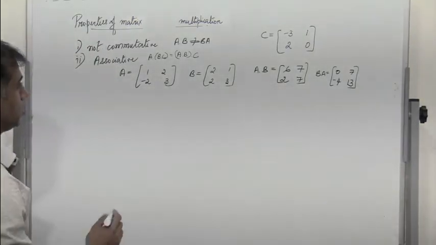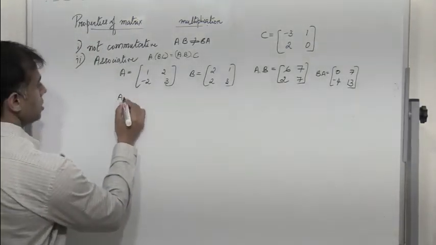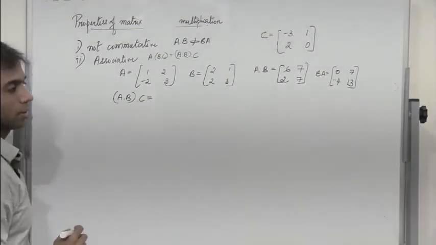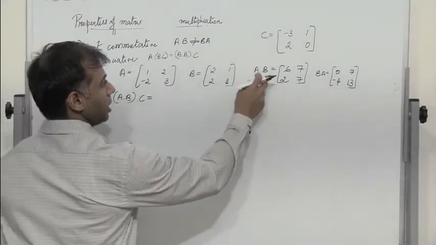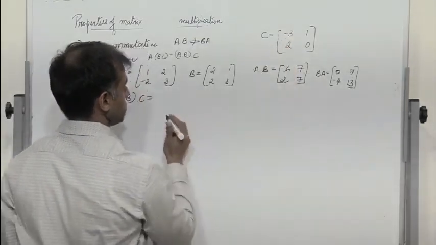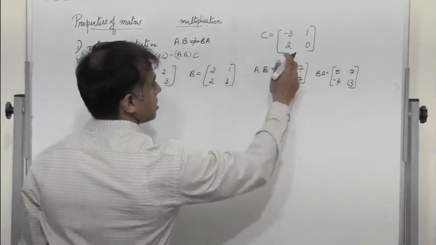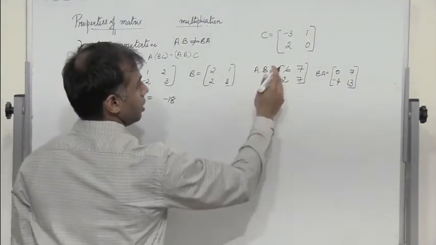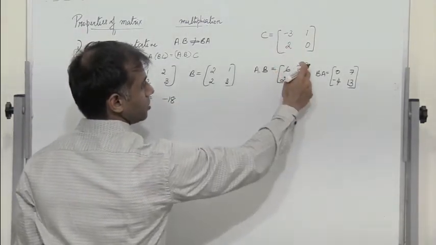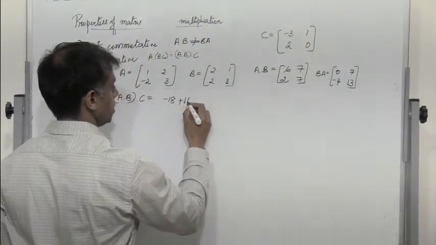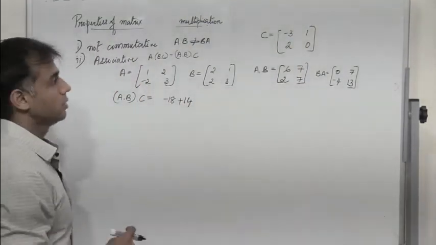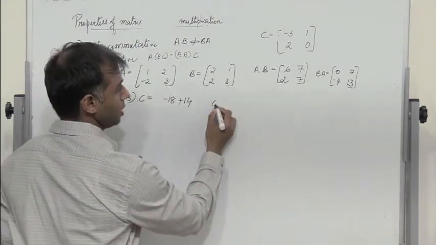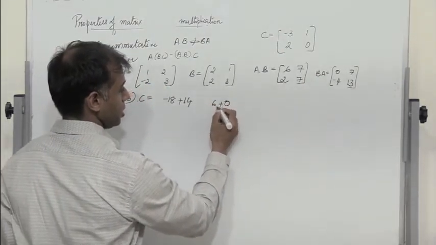So now let me do (A into B) into C. Right? So I need to multiply these two matrices. First row into first column. So 6 into minus 3 is minus 18. 7 into 2 is 14. Next, first row into second column. 6 into 1 plus 7 into 0.